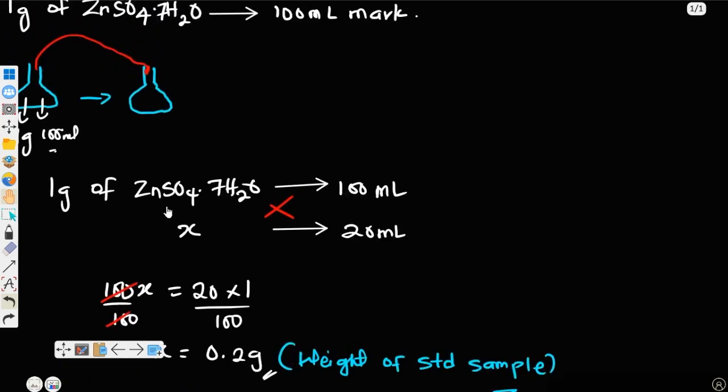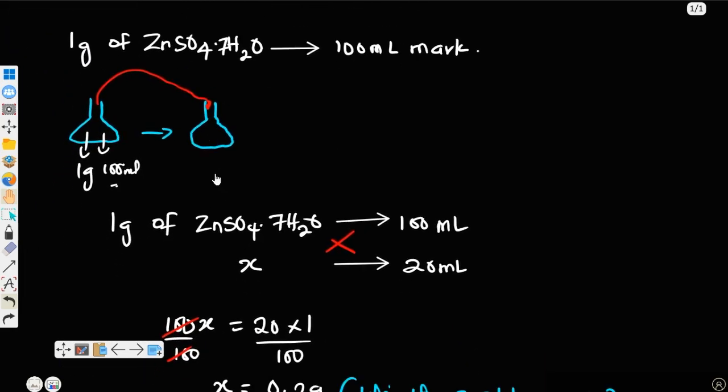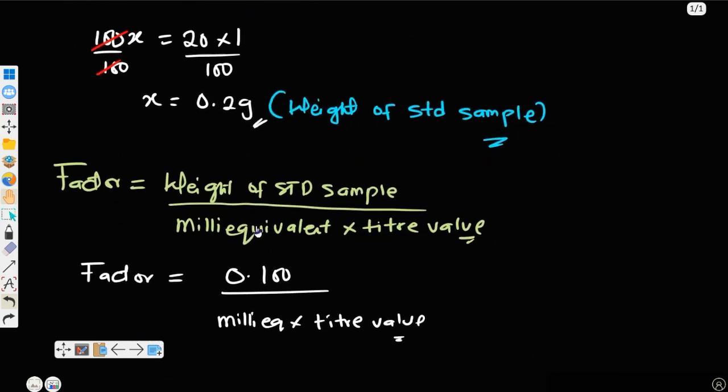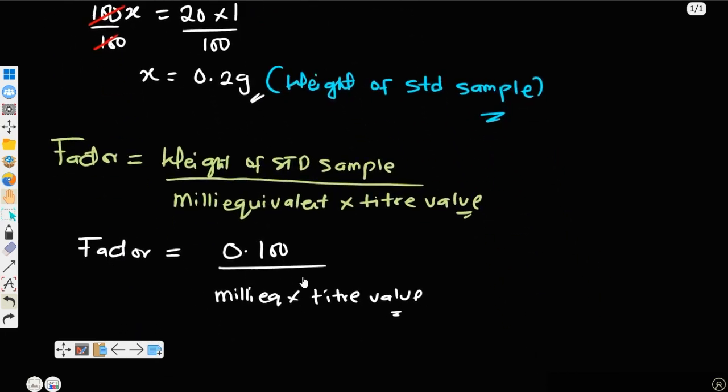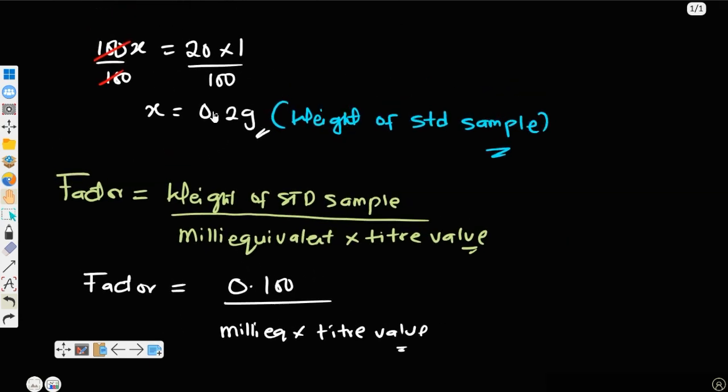Now, it may be that they actually divided this 20 ml into two. Sometimes when they give instructions from the manual, they usually change them. So instead of pipetting 20 ml, they pipetted 10 ml each for each of the assay. That is why it gave us 0.10 all over milli equivalent. But in a case where this factor formula was not given, you use your normal 0.2 gram all over milli equivalent times titer value.